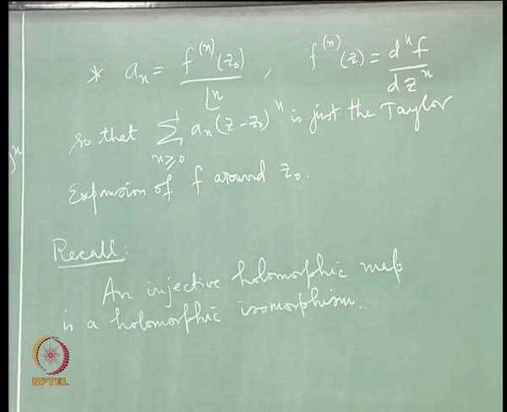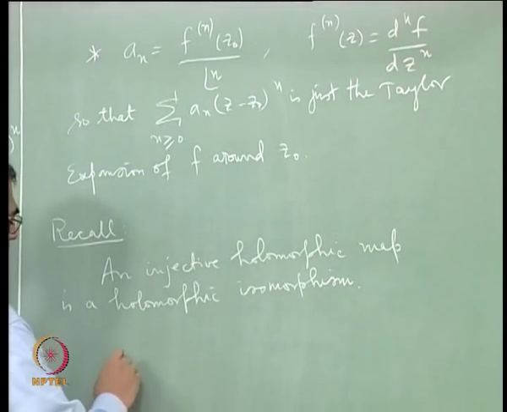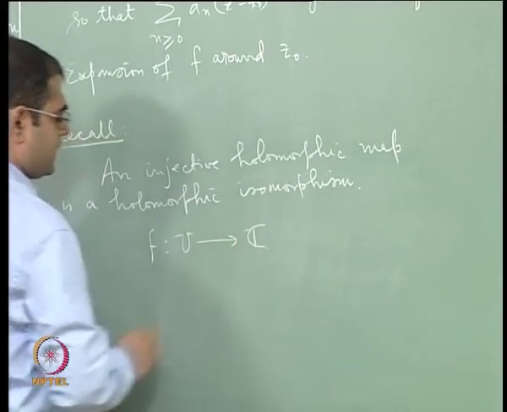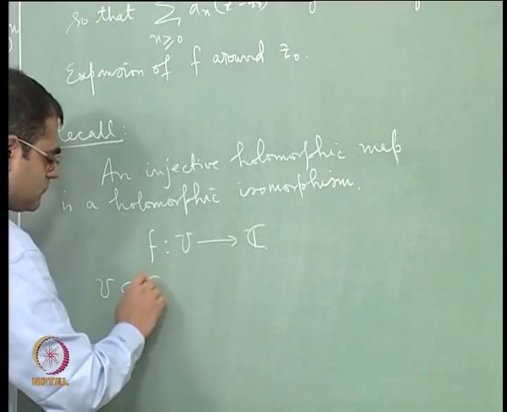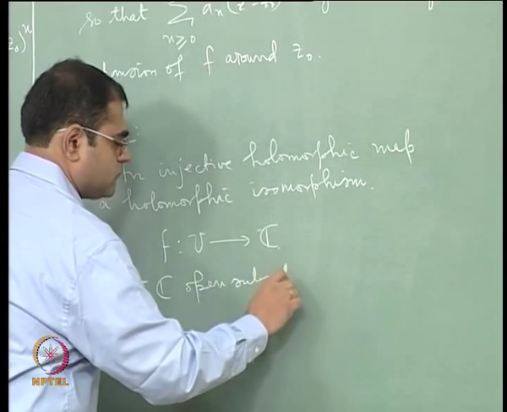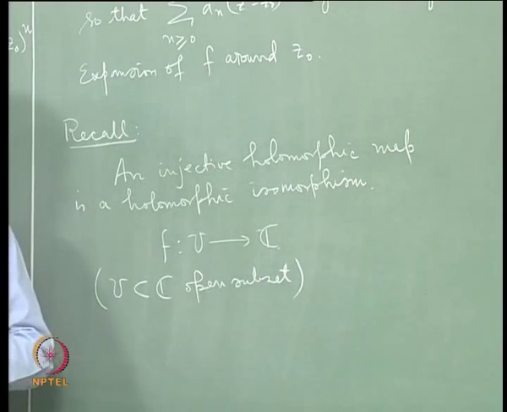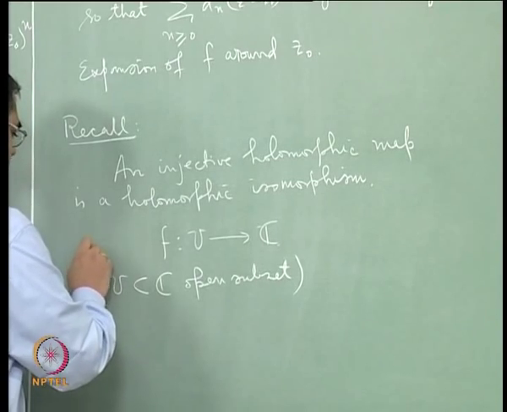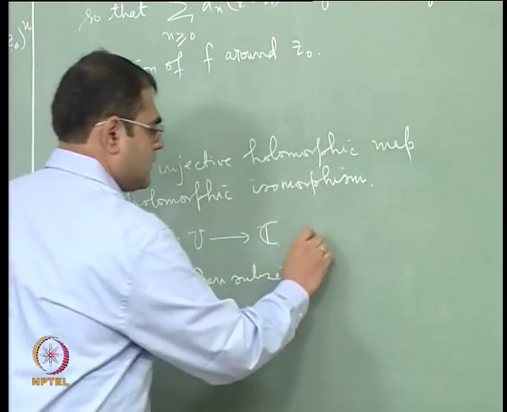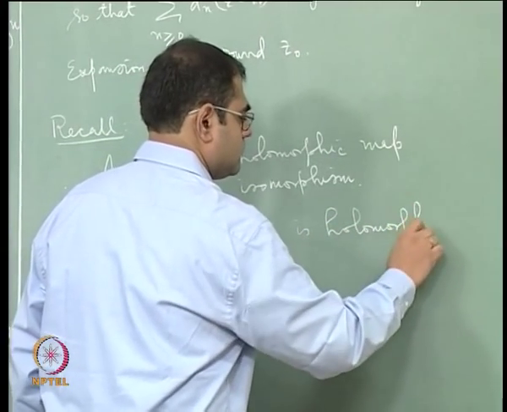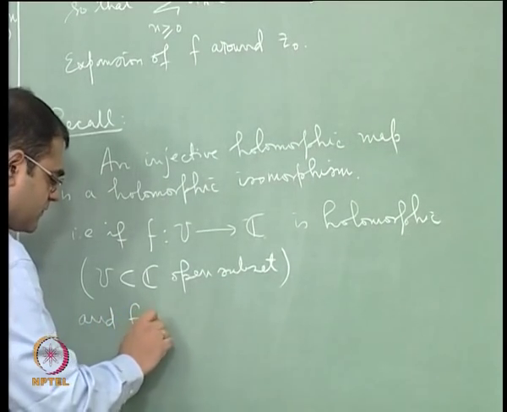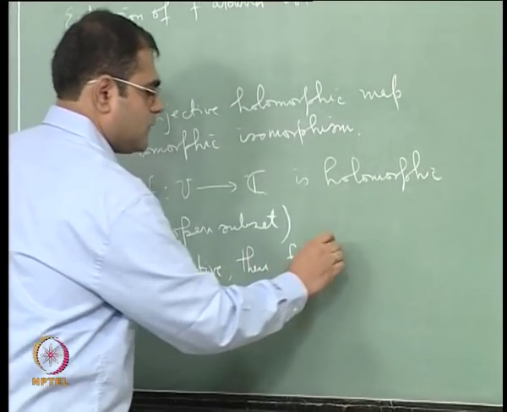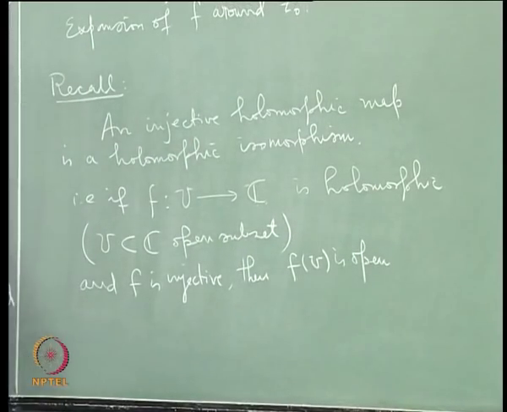So if you have a holomorphic map, say f is a holomorphic map from U to C, where U is an open subset, okay, and if f is holomorphic on U and f is injective, then f of U is open, okay.